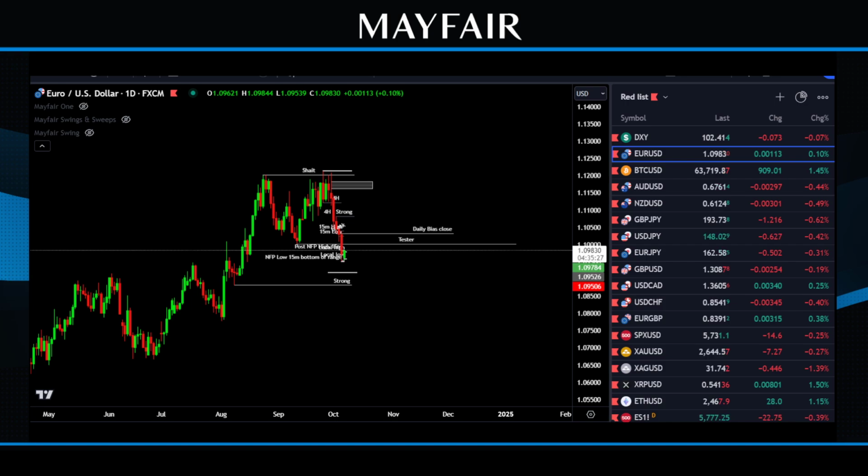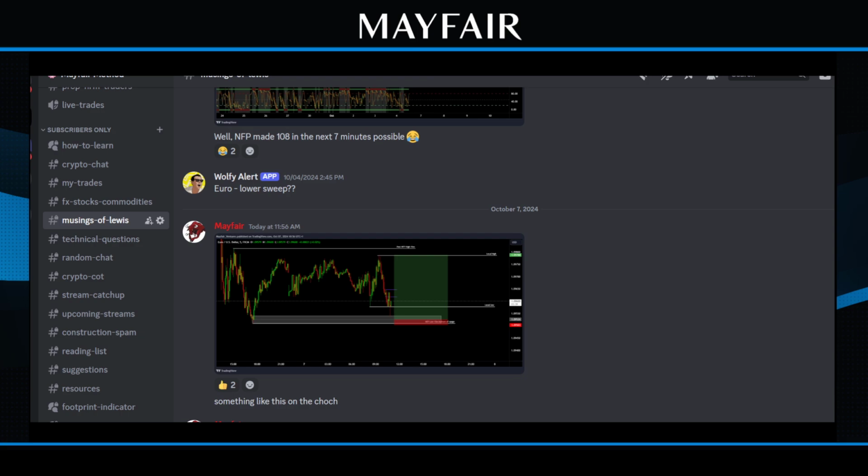Now, in the grand scheme of things, at the end of last week, I started tracking this Euro move. One of the things that I've shared is that it didn't really give us any kind of signals just yet. The one area we were looking for, back on the 4th, last Friday, was another potential sweep down.